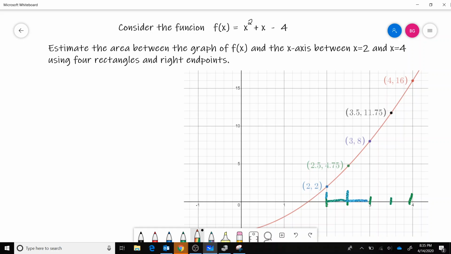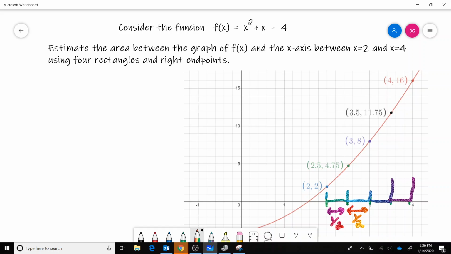One of the rectangles is going to look like this, and one of the rectangles is going to look like this, and one of the rectangles is going to look like this. So basically, each rectangle is going to have a base that is 1/2 inch wide. If they had asked me to break this into 8 rectangles, well, that would have changed the base. If they had asked me to break it into 2 rectangles, well, then each would have had a base of 1. Okay, so I'm going to have 4 rectangles that have bases of 1/2.